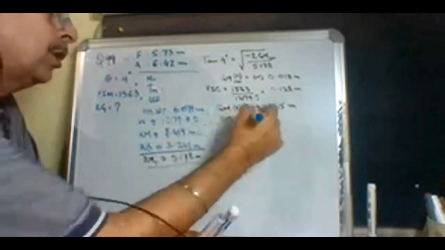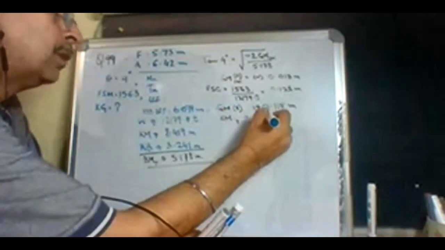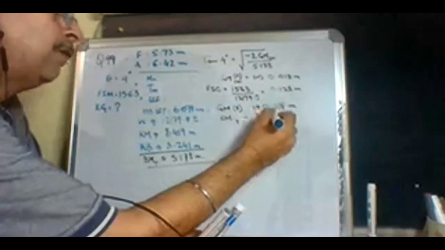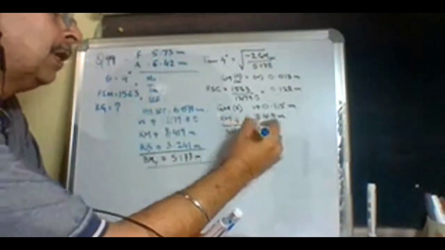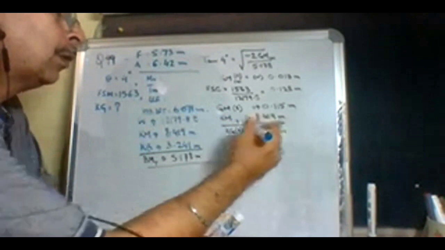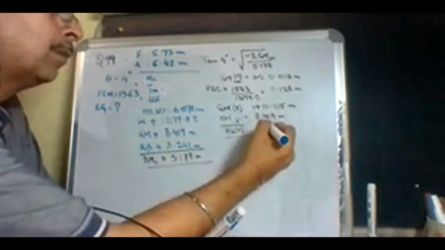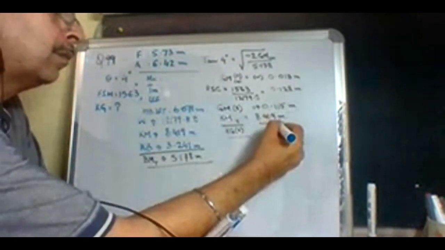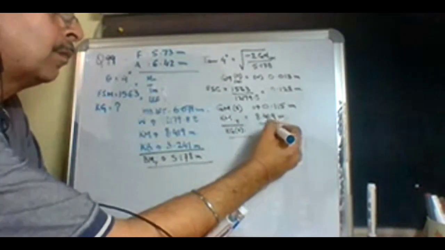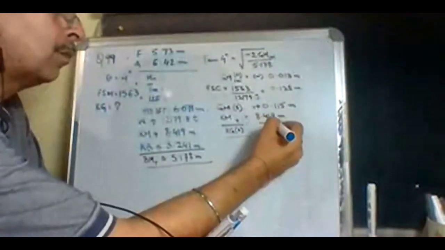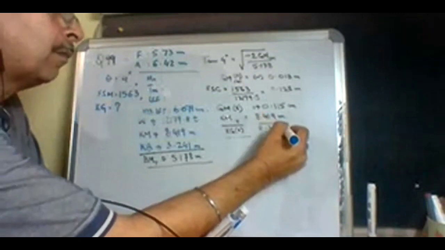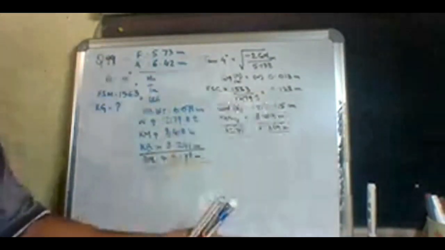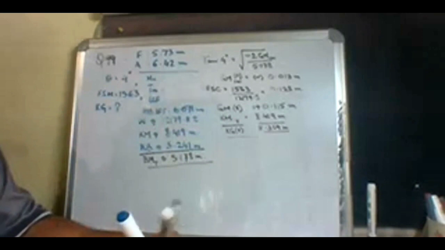The KMT which you got was 8.419 meters. Minus the GM solid will give you KG solid. 7.304 will be the KG solid.